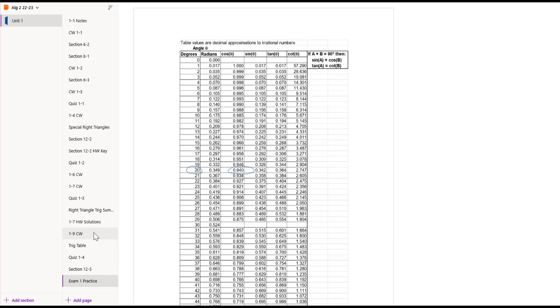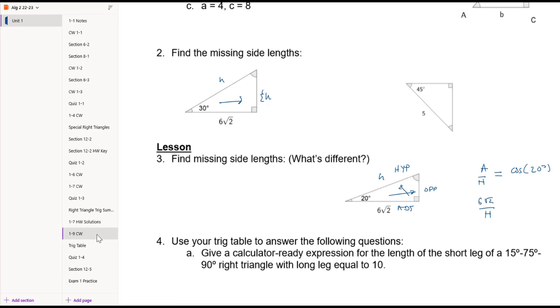So the adjacent side to a 20-degree angle is always 94% of the hypotenuse. So this is 0.94, and we can cross multiply and get 0.94 times h is equal to 6 root 2. What we're doing is the same thing we did with special right triangles, but now we're using ratios that we look up in tables as opposed to ratios that we pull from our brains.